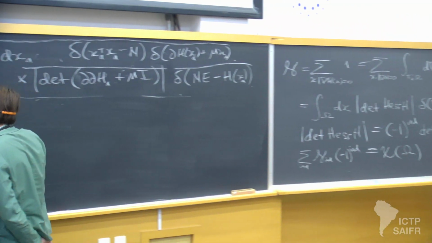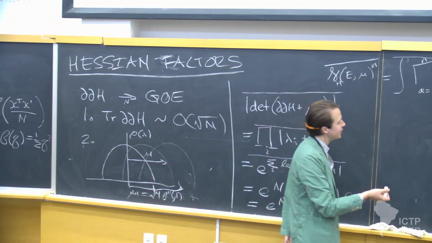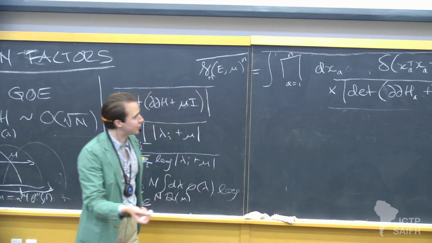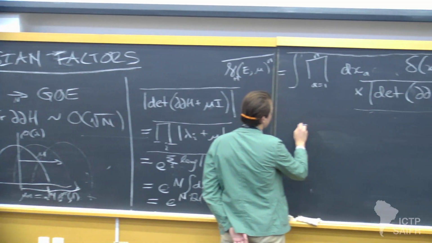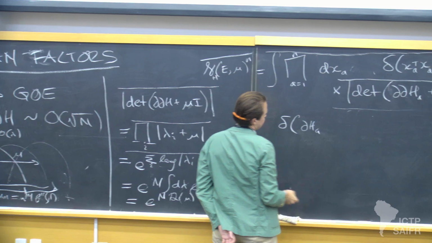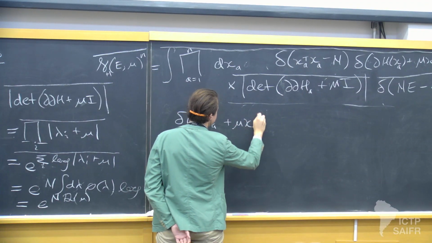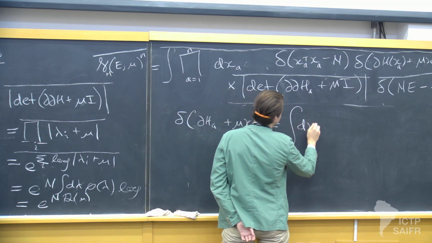So what we're going to do, I'm not going to go through every step of this because it would be a lot of writing and not that interesting, but the basic thing is to convert the delta functions into exponentials with the Fourier transform. So we go from the delta function of the derivative of h evaluated at x_a, plus mu x_a, equals an integral over an auxiliary field.